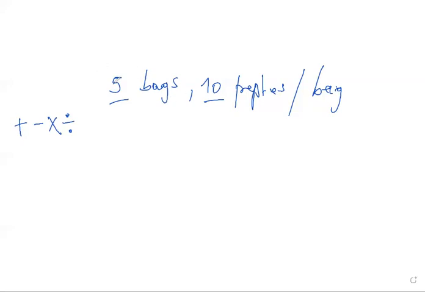So you guessed it right. 5 bags and 10 pebbles, and each bag, the operation should be multiply. So 5 times 10 equals 50. That's it. Now, how do you know right away which operation to use?